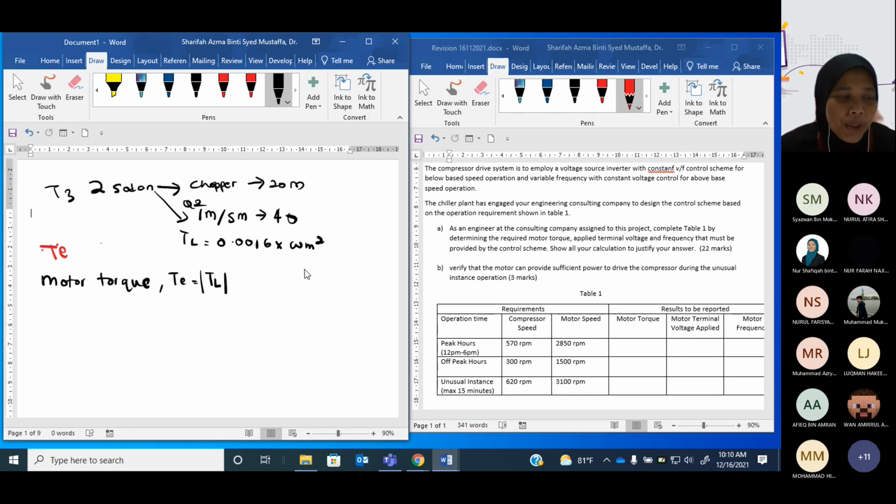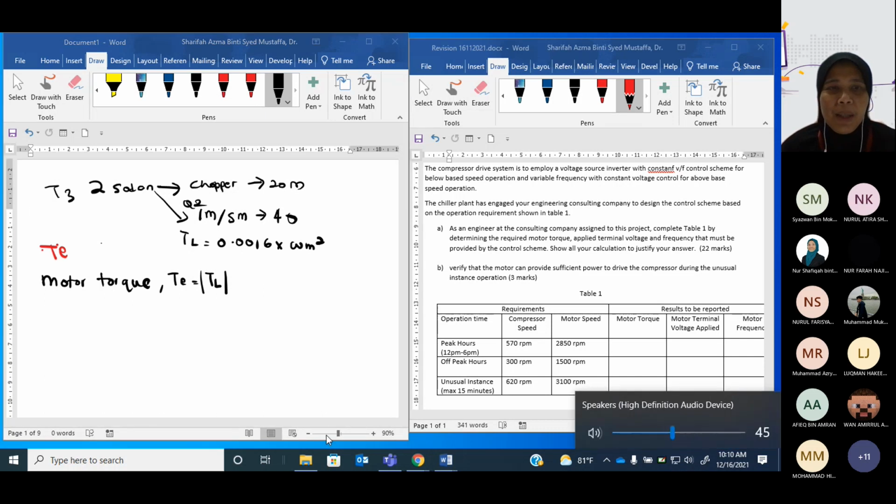What's the use of gear ratio? Tak ada orang ke? Hello? Jawab.